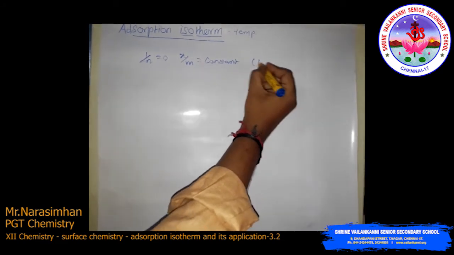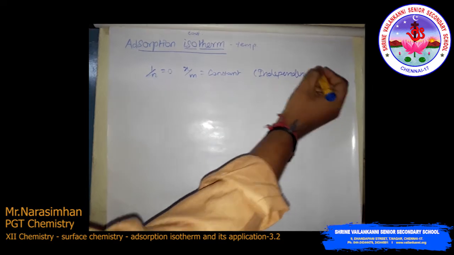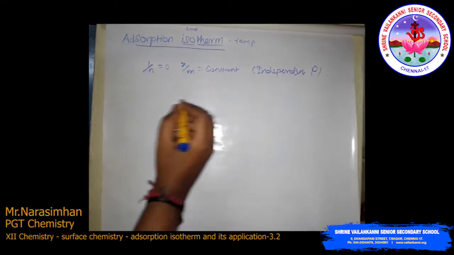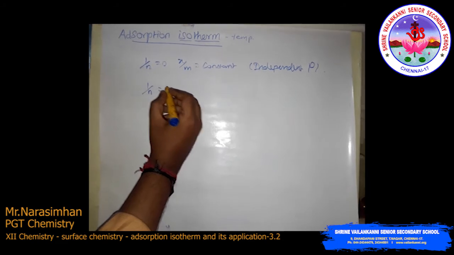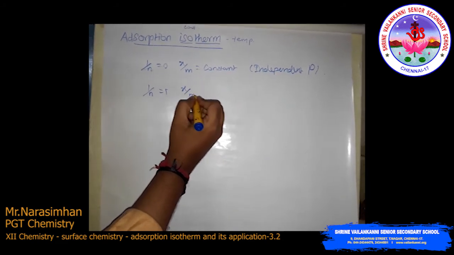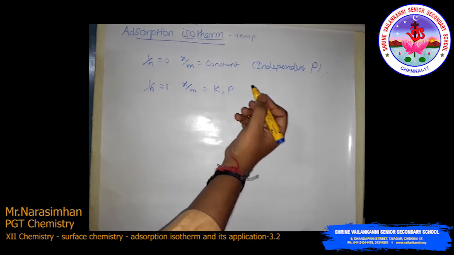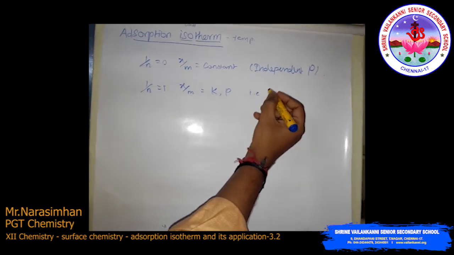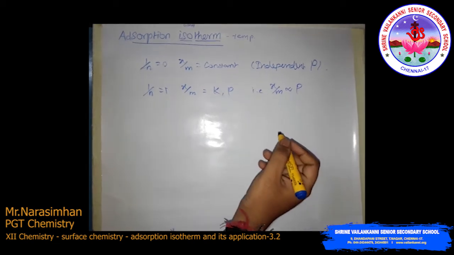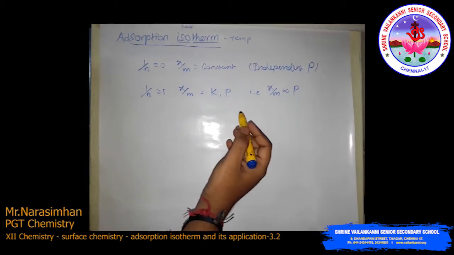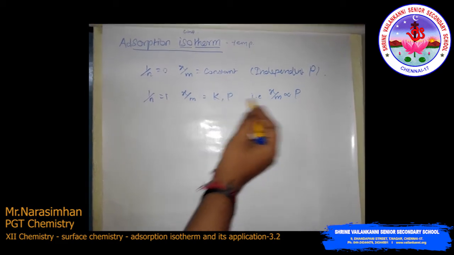When 1/n is equal to 1, x/m is equal to kP, that is, x/m is directly proportional to pressure.